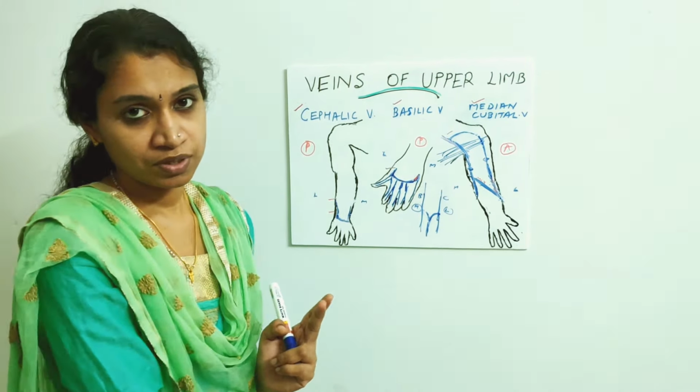And as I told earlier, this perforator vein, which is connecting this median cubital vein with deep veins, is piercing this bicipital aponeurosis. So this aspect is very important because while taking blood, this median cubital vein, we know, is a superficial vein, so it will be used for intravenous injection as well as for taking blood, etc. Once we take blood from this vein, because of this perforator vein piercing the bicipital aponeurosis, this vein does not slip away.